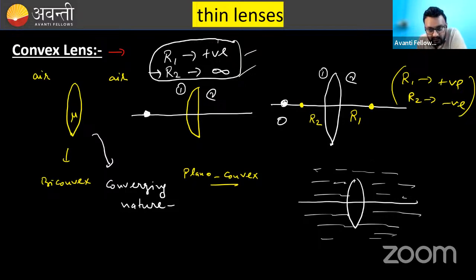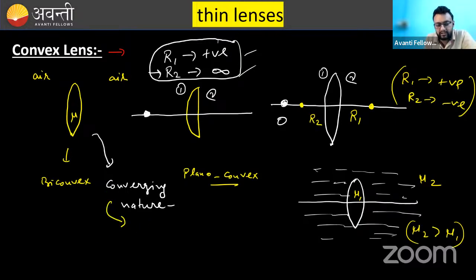Let's suppose the refractive index of the lens is mu1 and of the surrounding is mu2, out of which mu2 is greater than mu1. What is the meaning of that? That lens is immersed in a denser liquid, in a denser medium. In that situation, its nature will change to diverging nature.